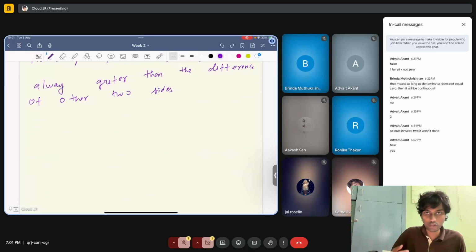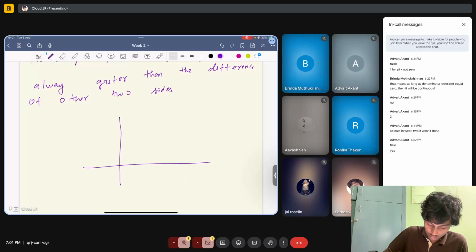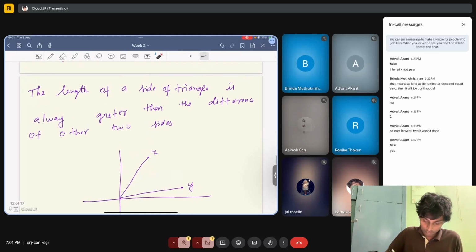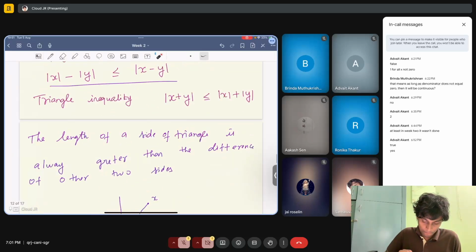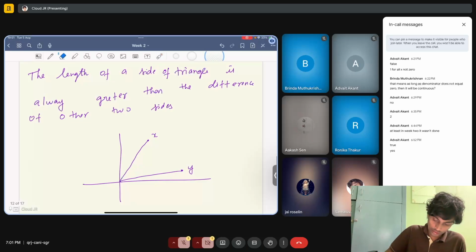So you see it like this. Let's say you are working with a coordinate geometry where you have a 0 here, and here you have this vector x. So your triangle you put it like this, such that one of the vertices is 0. This is the x vector, this is the y vector.